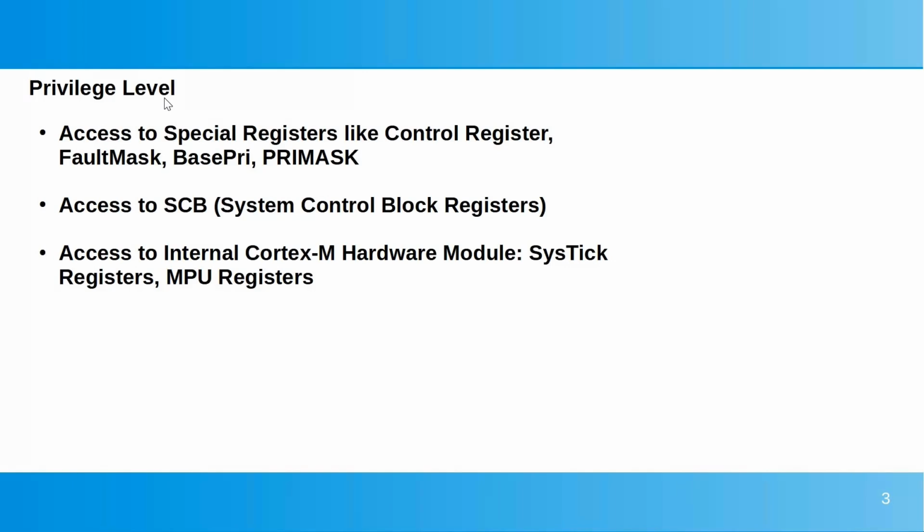First of all, the Cortex-M microprocessor will be able to access the special registers like the control register, fault mask register, base priority register, and primask register. Also, the CPU will be able to access the different system control block registers. Finally, while running on handler mode privileged or thread mode privileged, the CPU will be able to access some internal Cortex-M hardware module registers like the SysTick timer registers as well as the memory protection unit registers.